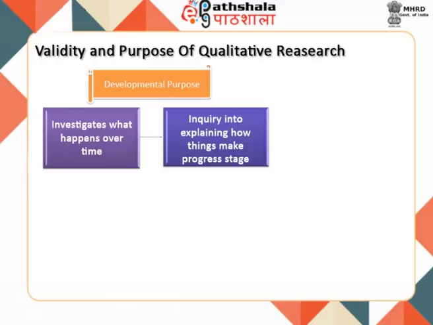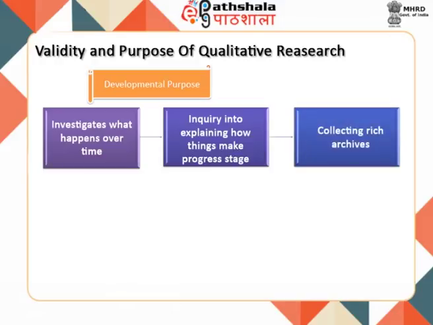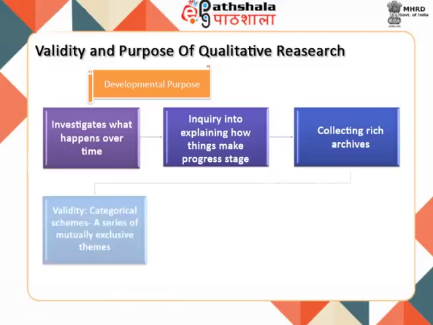The researchers are concerned with collecting rich archives reflecting historical events or happenings relating to the issue of interest. Validity as a process in the developmental purpose falls into categorical schemes or stages that consist of a series of mutually exclusive themes or developments specific to a period of time.